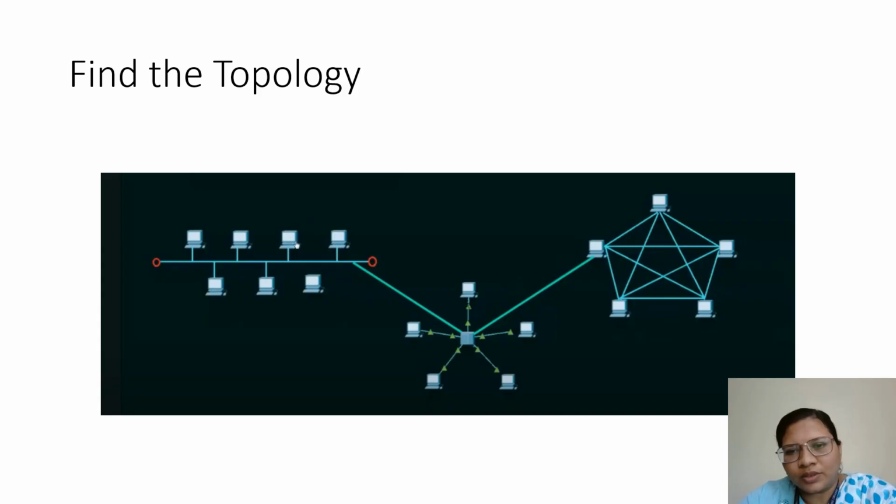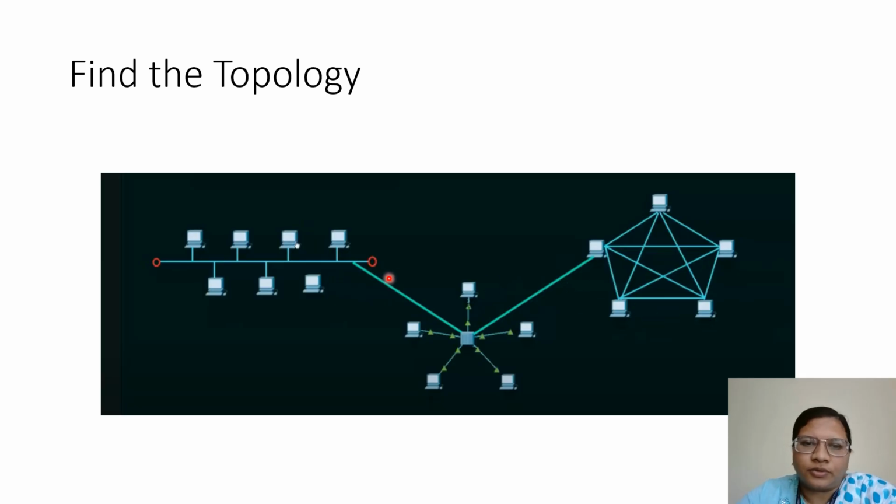The third one we have seen is star topology, with central administration, where a hub or switch is connected to the nodes. And mesh topology is where each and every node is connected to the other nodes in the network.